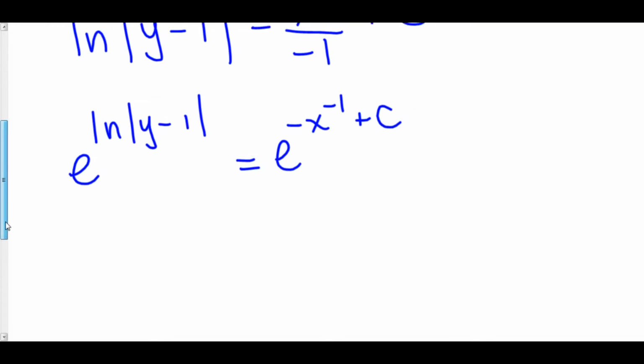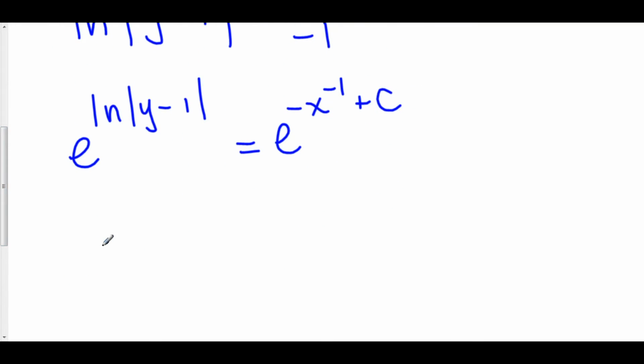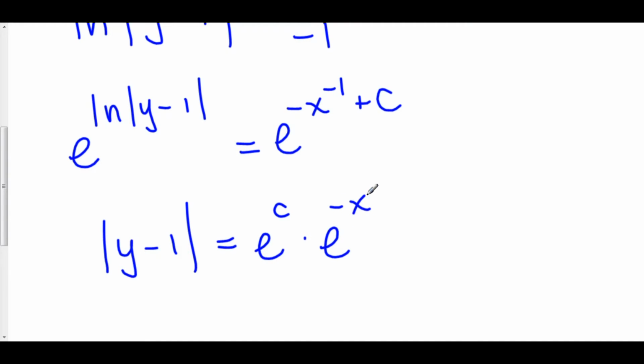Well, the e and the natural log, they cancel out, yielding absolute value of y minus 1. And on the right hand side, we can use our trick when our c is in the exponent. We can rewrite this as e to the c times e to the negative x to the negative 1, since multiplying a common base means that you add the exponents.